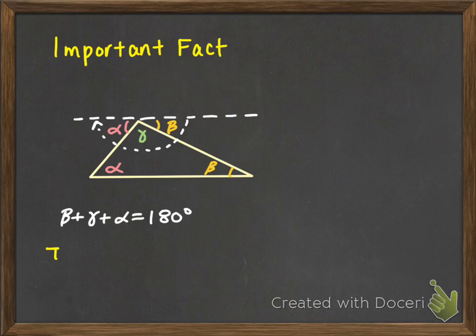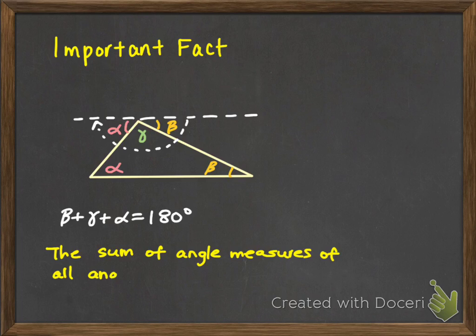So this tells us that the sum of angle measures of all angles in a triangle, and this can be any triangle, right, isosceles, scalene, they all add up to 180 degrees. And that's very important. So the sum of the angles in any triangle add up to 180 degrees.